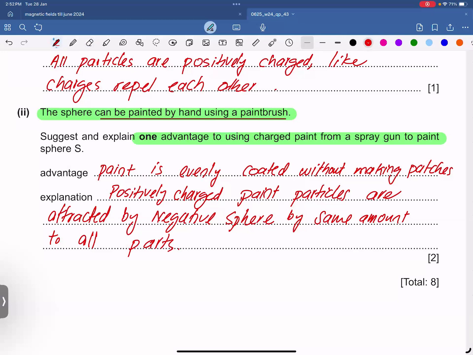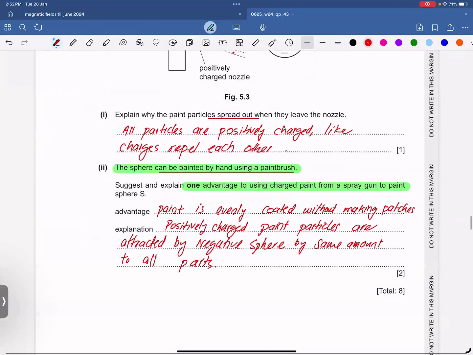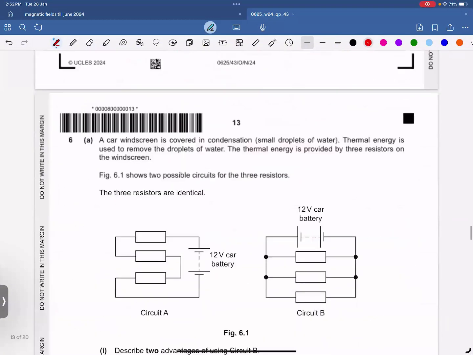That's it. Many more advantages could be written, but this is one of the best advantages. Let's go ahead to the next question.